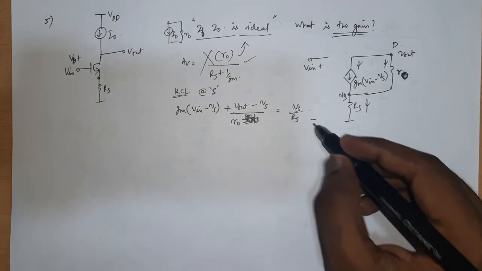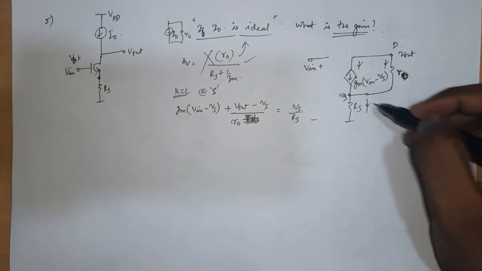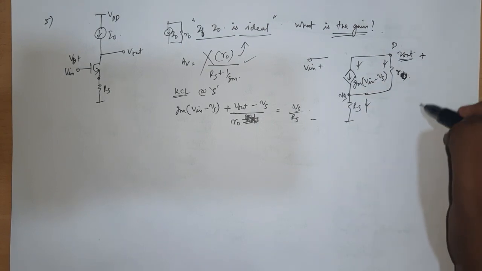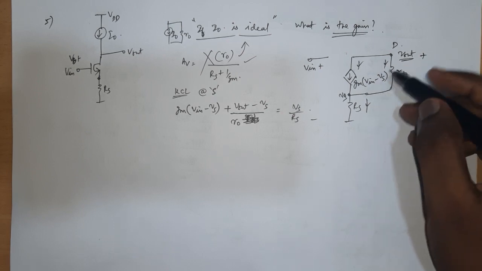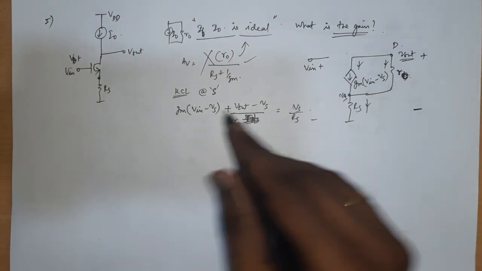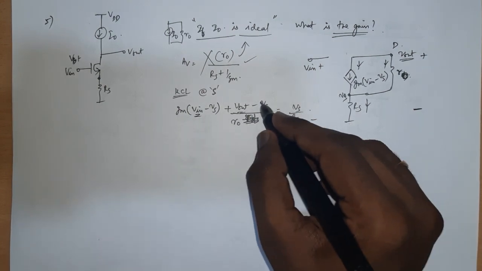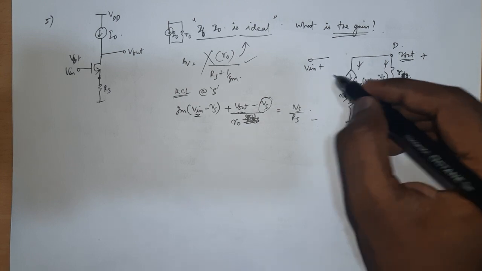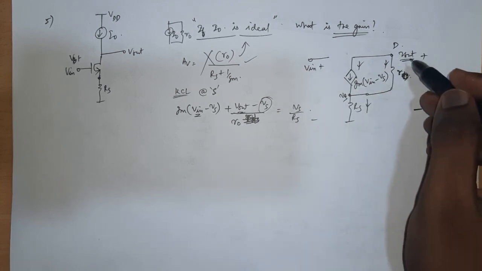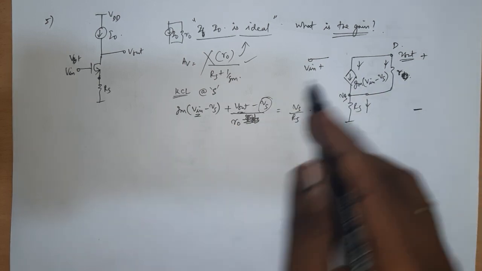Now the question is, how would you proceed after this? It's going to be really difficult obtaining an answer, because this Vout is from this point to the ground, and you cannot obtain any other equation from here, because I want everything in terms of Vin and Vout. So I want an expression for Vs that would connect me to Vin or Vout, and then I can get Vout by Vin.